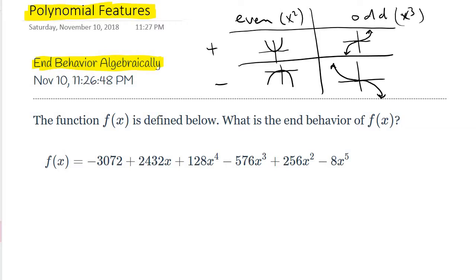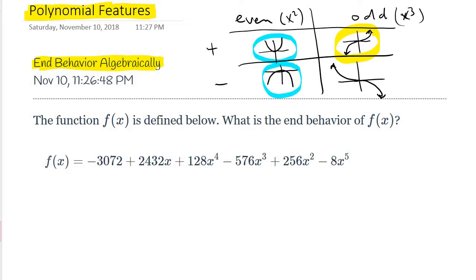If it's an even function, you will have something like this on the left side over here, either both sides are going up forever or both sides are going down forever. Or if it's odd, one side is going up forever and the other side is going down forever.